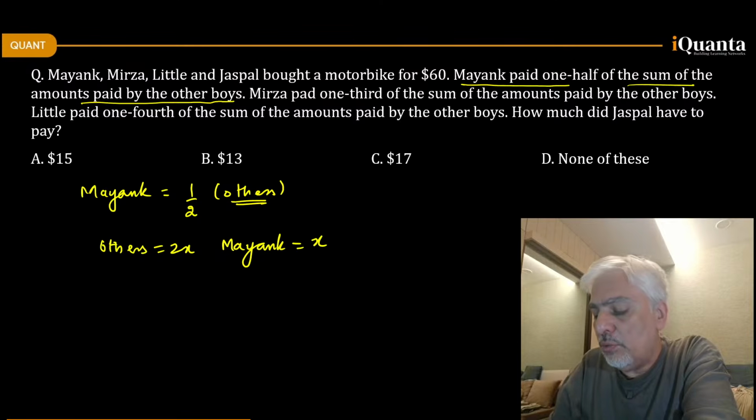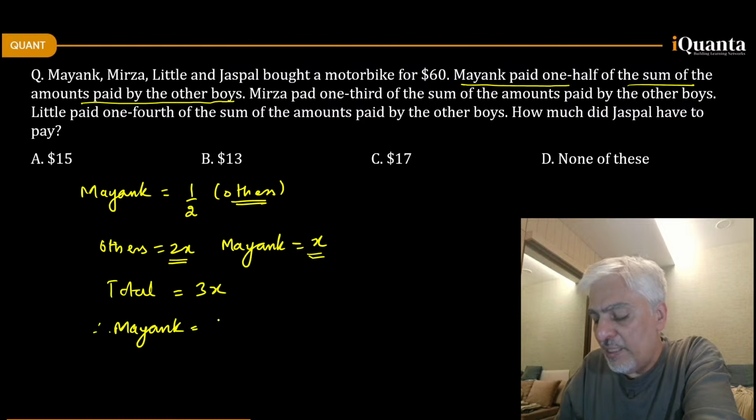So now, in this, only reading only this much. Others have paid 2x, Mayank has paid 1x. So what is the total price of the bike? Total is 3x. And therefore, Mayank is paying 1/3 of the bike.